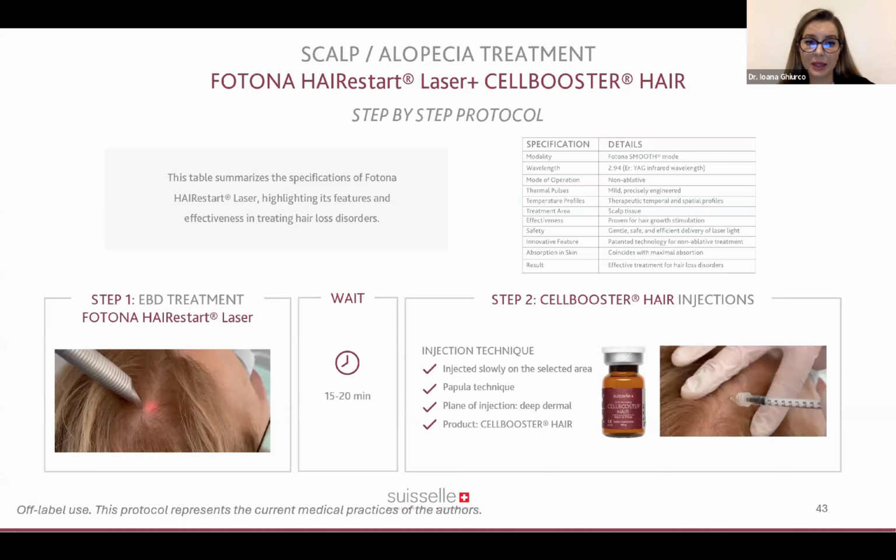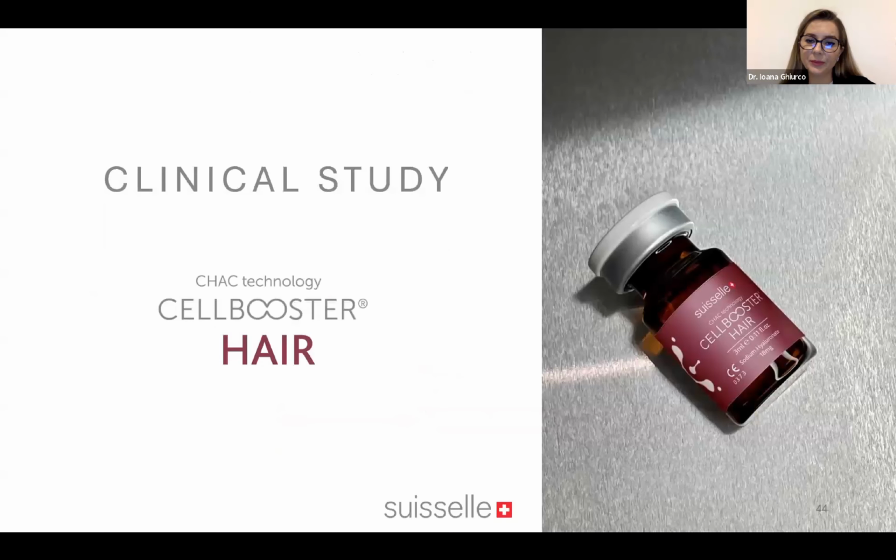Basically, you start with the laser, and after a cooling period of 20 minutes you can proceed to inject the Cell Booster Hair. So if you already have this in your clinic, it's a good way to improve the effect of the laser even more. Next slide.